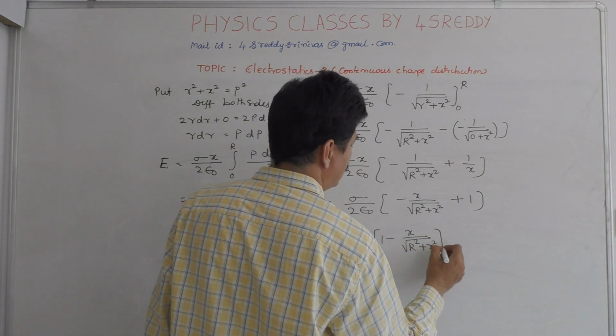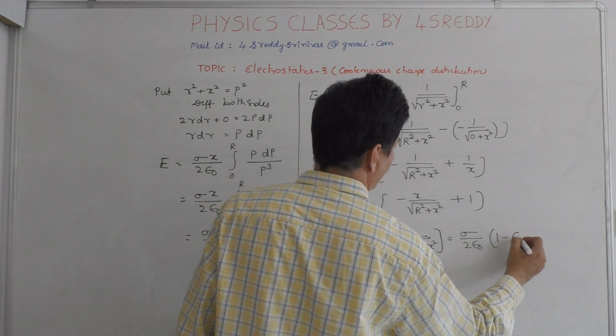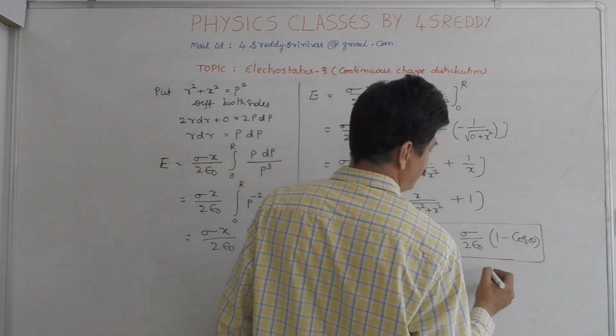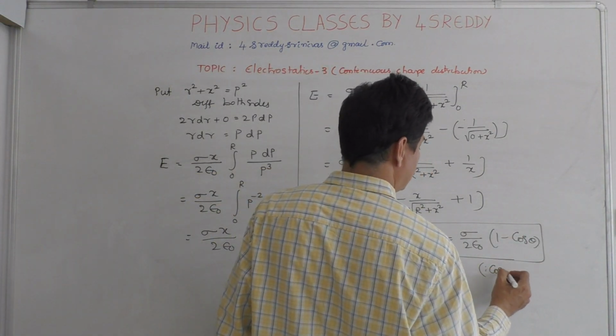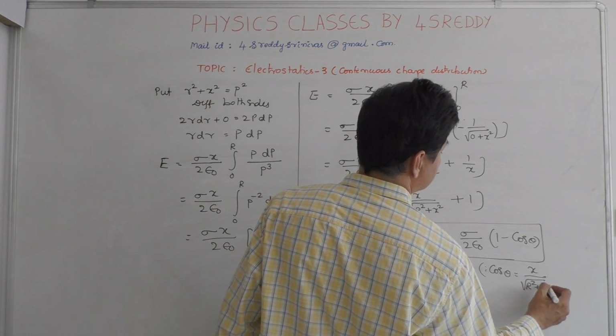but this can also be written as sigma by 2 epsilon naught into 1 minus cos theta, since cos theta is equals to x by root of R square plus x square.